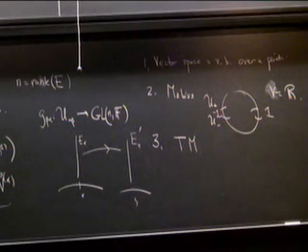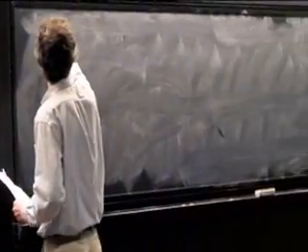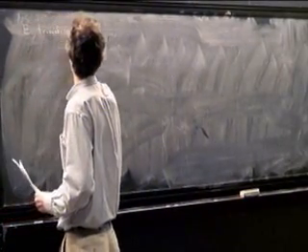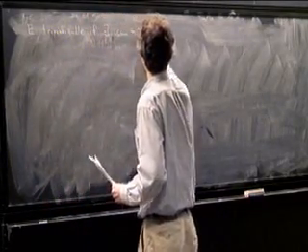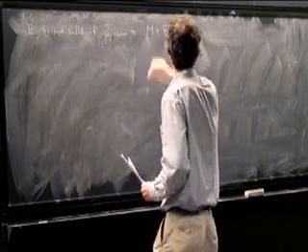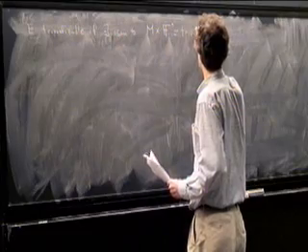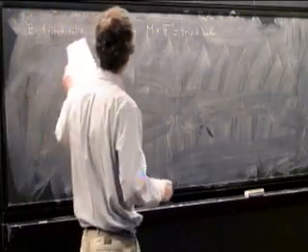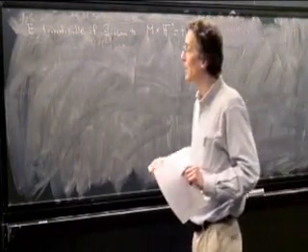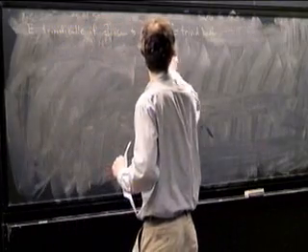A bundle is trivializable if there exists an isomorphism to M times F^n, that is, the trivial bundle of rank n. And of course, as I've stressed many, many times, we should distinguish between trivializable and trivialized. Trivialized means that we actually choose an isomorphism to M times F^n, and these bundles have automorphisms.